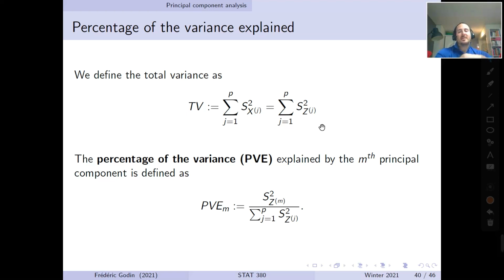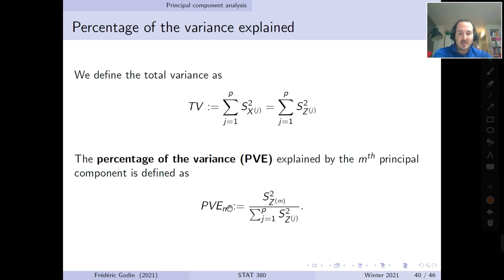So then we can define something called the percentage of variance explained, PVE, represented by the mth principal component or the mth basis vector in our new set of coordinates. And this percentage of variance explained is defined as the variance of the mth predictor in the new data set divided by the sum across all predictors of the variance of each predictor in the new data set.